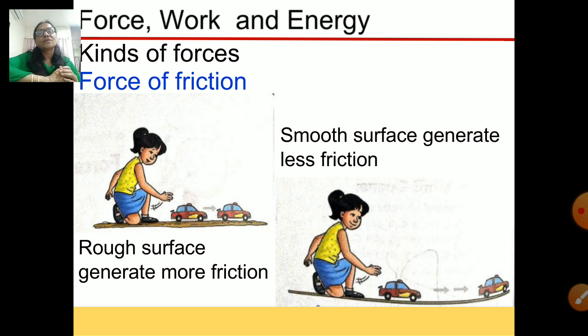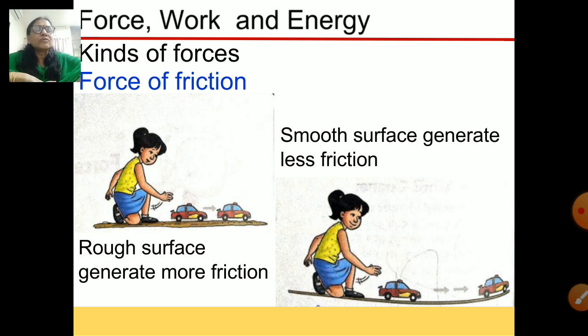Same way, suppose you take the toy car and push it on a smoother surface than what you had pushed it on earlier. If the surface is smooth, the toy car will go a farther distance.